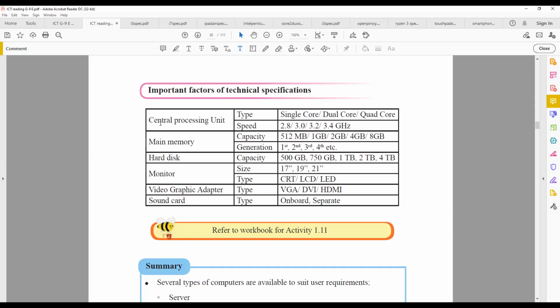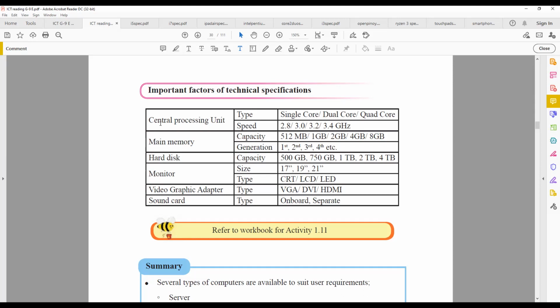Hard disk capacity you can also look at, right? 500 GB, 750 GB, 1 TB, 2 TB, 4 TB, and so on. Monitor size matters, like how many inches, whether it's 17 inch, 19 inch, or 21. The monitor type, again very important, whether it's a CRT, LCD, or LED. Video adapter.